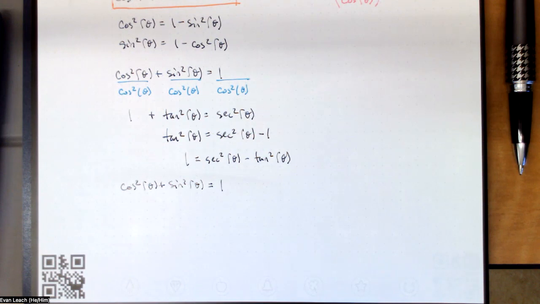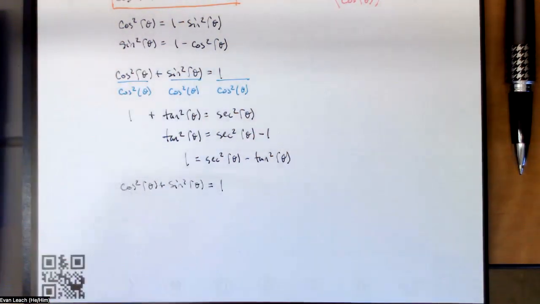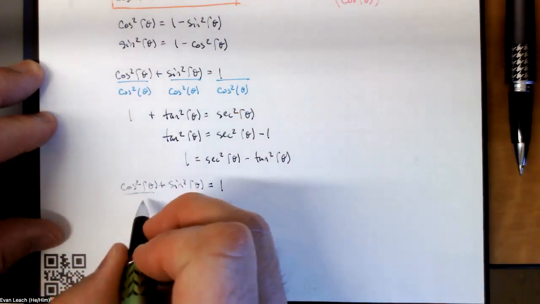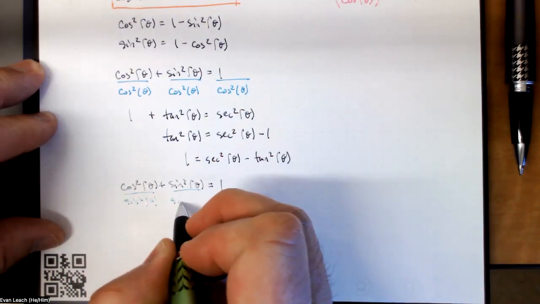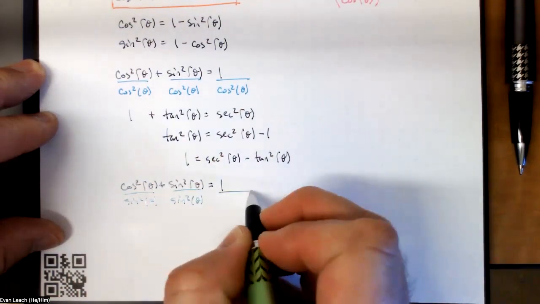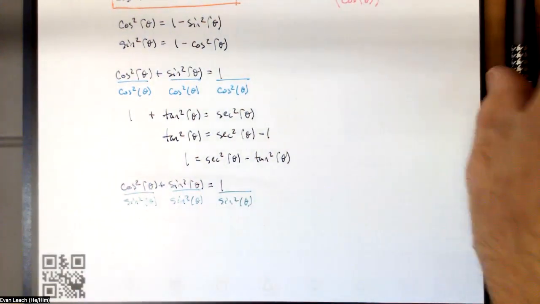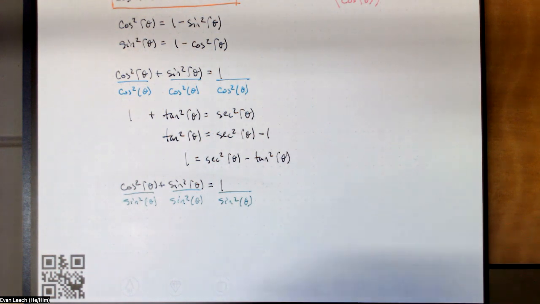So instead of going through and dividing everything by cosine, you can go through and divide everything by sine. In this first term, we have cosine squared divided by sine squared. So through a ratio identity, that's going to be cotangent squared.